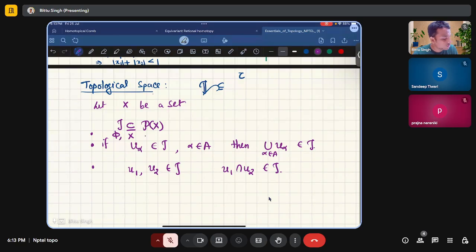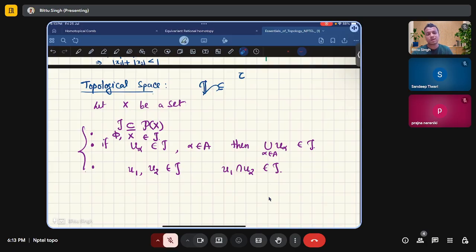So those two things should also belong to tau. If those three properties hold, then we call this tau a topological space. The whole idea builds on those two things: an arbitrary union of open sets should be open. The elements of this tau are called open sets.